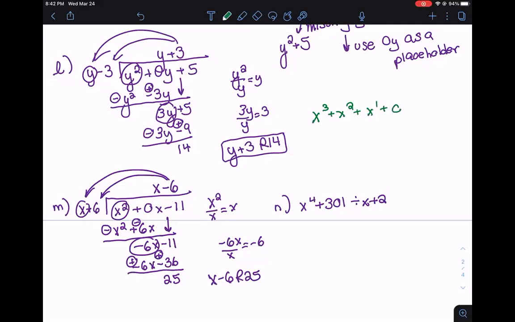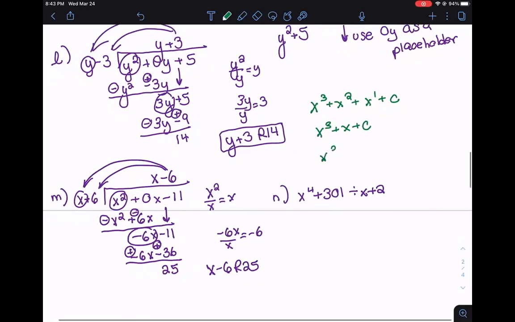Because I have x to the 3, x to the 2, x to the 1, and the constant, every term is accounted for. Now let's imagine I have this. Well, right now the x squared term is missing. So I would put a 0x squared to be my placeholder. As you decrease in your exponents, any terms that are missing, you would put a 0 for.